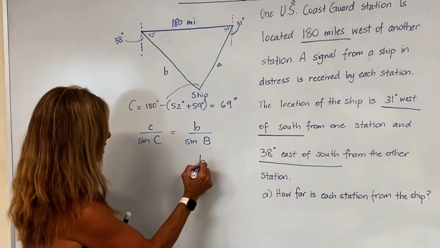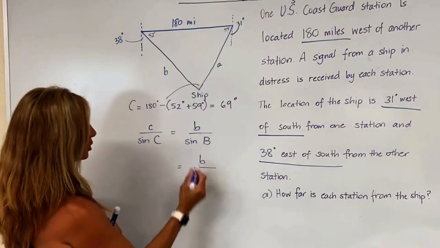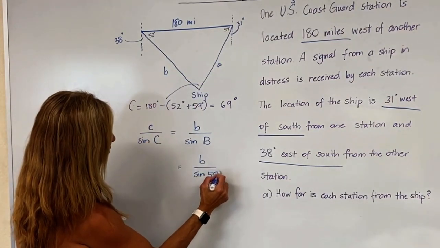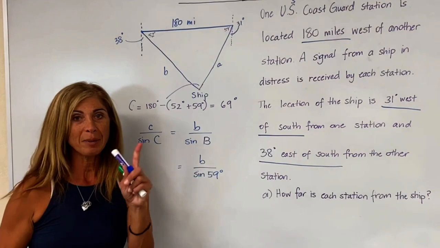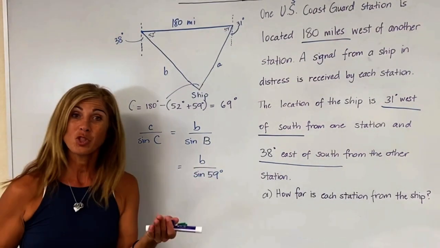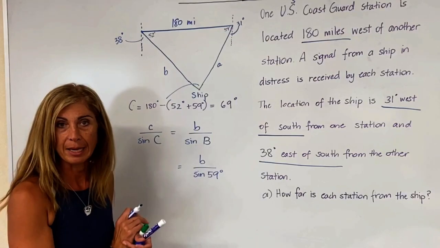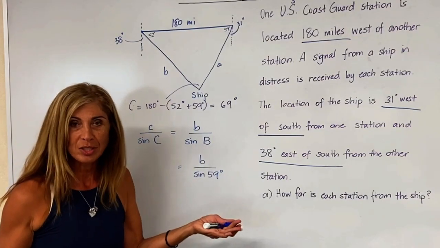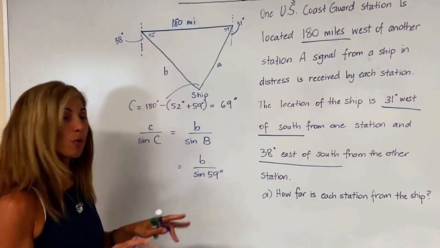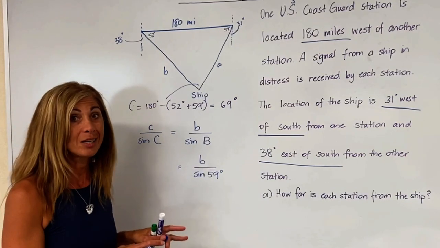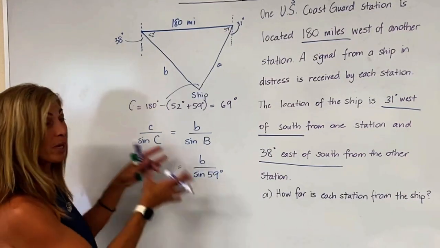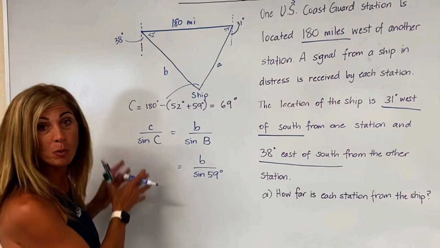So side B divided by sine of the angle B, which is 59 degrees. Now, you may be tempted or questioning, why couldn't we have kept it with A divided by sine A? Which is a legitimate question. But here's the thing, if we were wrong in our calculation on side A, now we have an incorrect answer that we're working with.